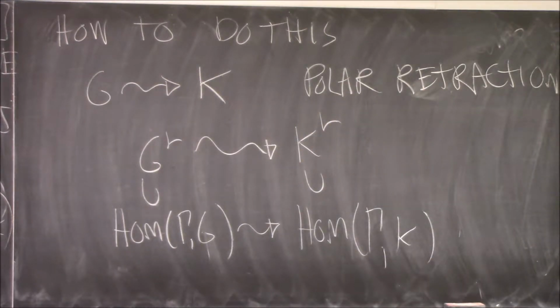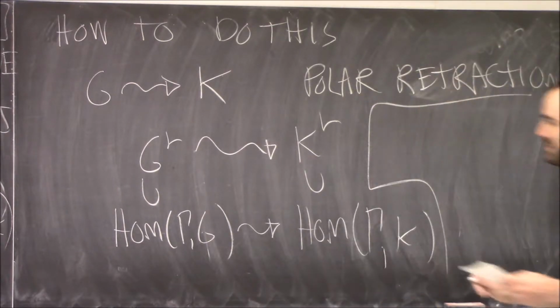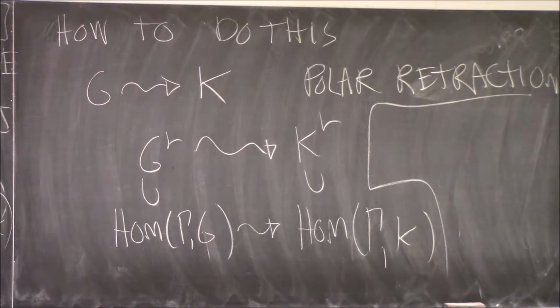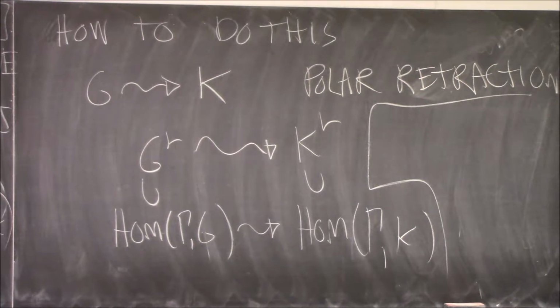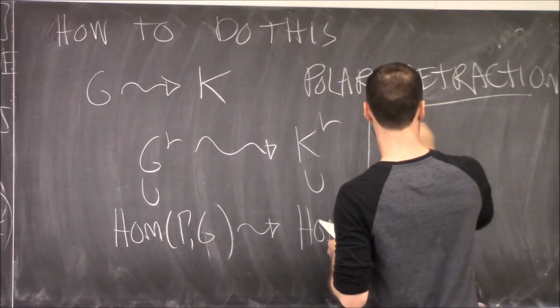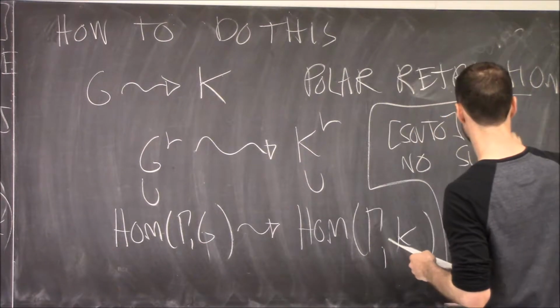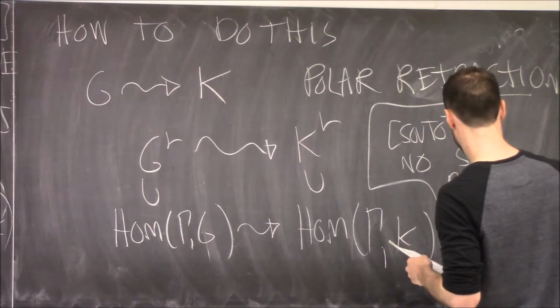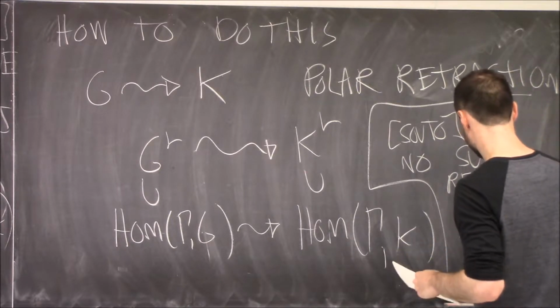But there's this result of Souto that says that for n bigger than or equal to 8, no retraction of SLN onto SUN preserves commutativity. So this is impossible to do. There's low dimensional flukes. For instance, you can do it from SL2 to SU2 and that kind of thing. But in general, this will never work. So, Souto: no such retraction preserves commutativity.